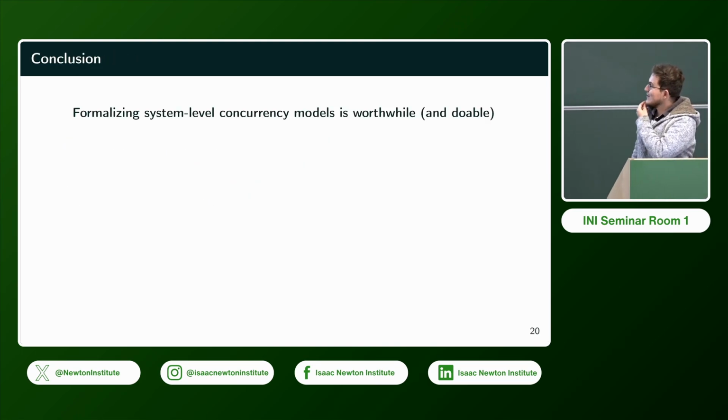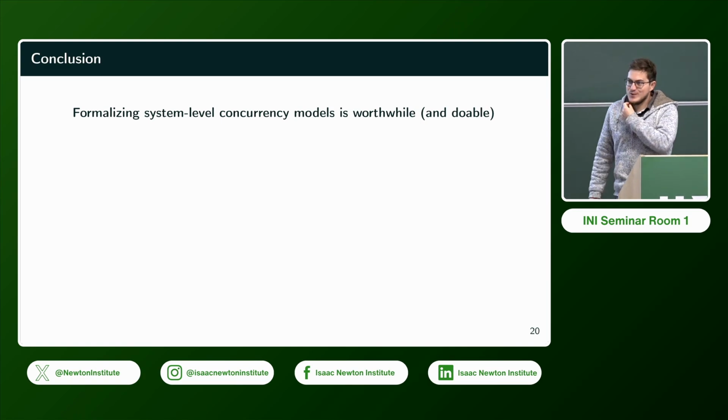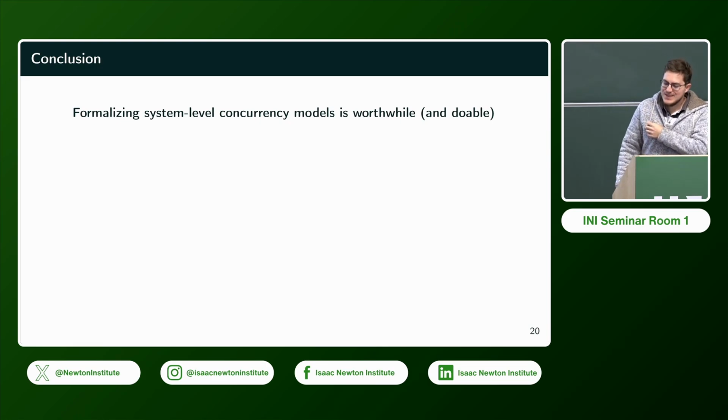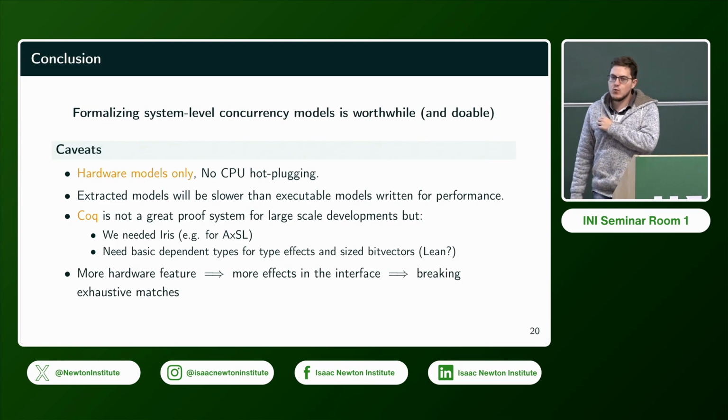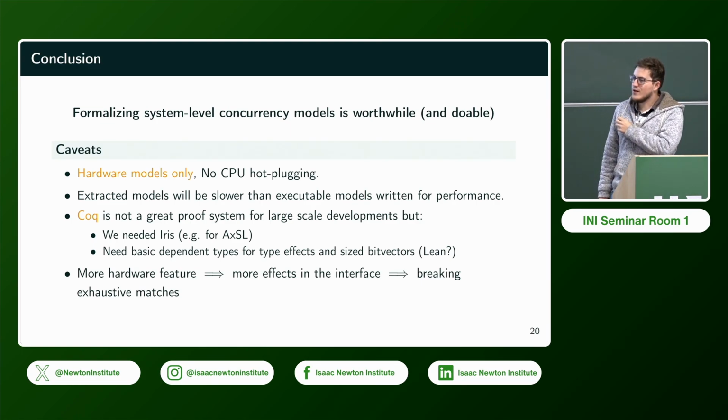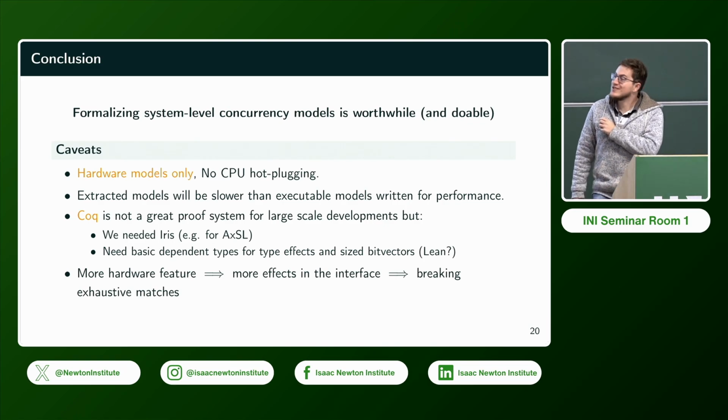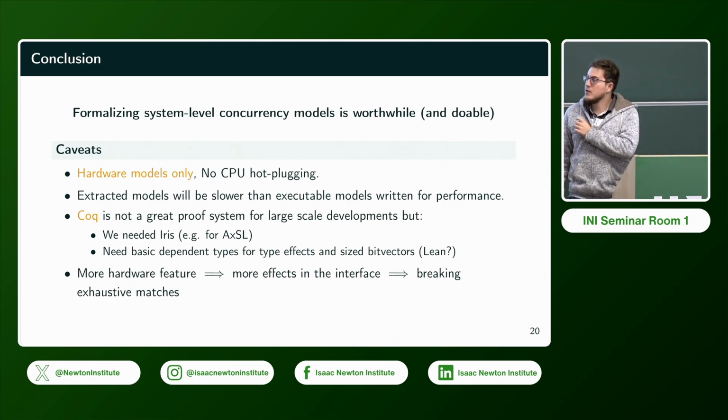So the conclusion is that formalizing all this stuff is really worthwhile and is doable, even if I've been hacking at this for three years now. It is happening. Some of the caveats are that this whole setup is for hardware models only. There is a hard-coded concept of what an instruction is, and the number of threads is fixed and can't be changed.